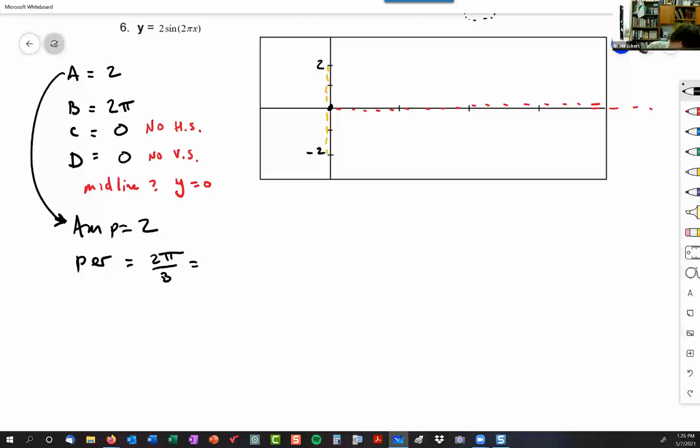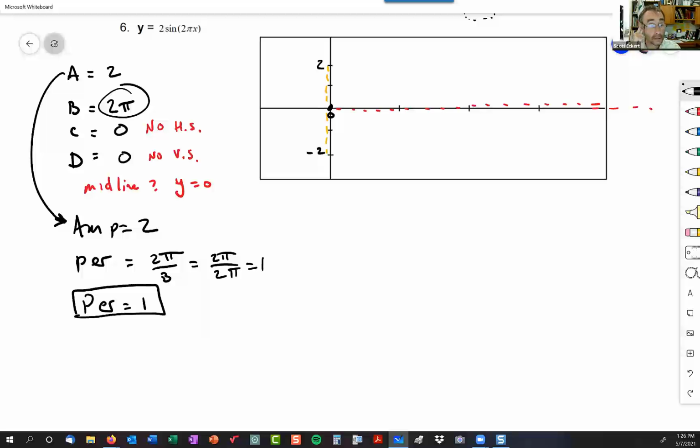So we're going to plug in b. Well, it just so happens b is 2 pi, and 2 pi divided by 2 pi equals 1. It's not a fraction of pi. It is one whole number. So the beginning of the box starts at 0 and it ends at 1.